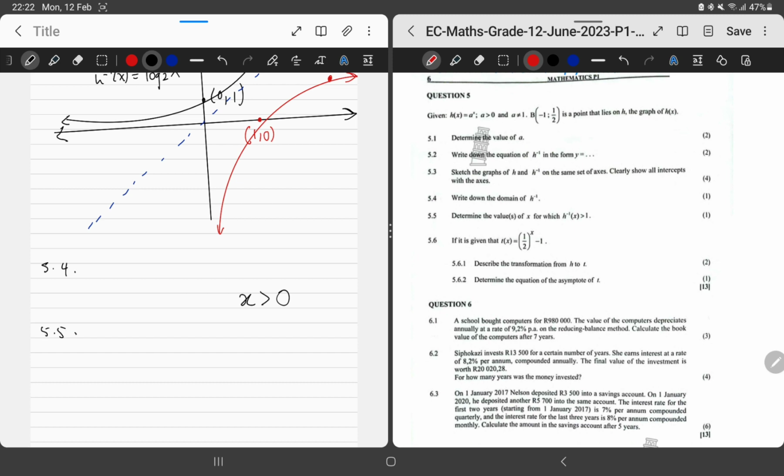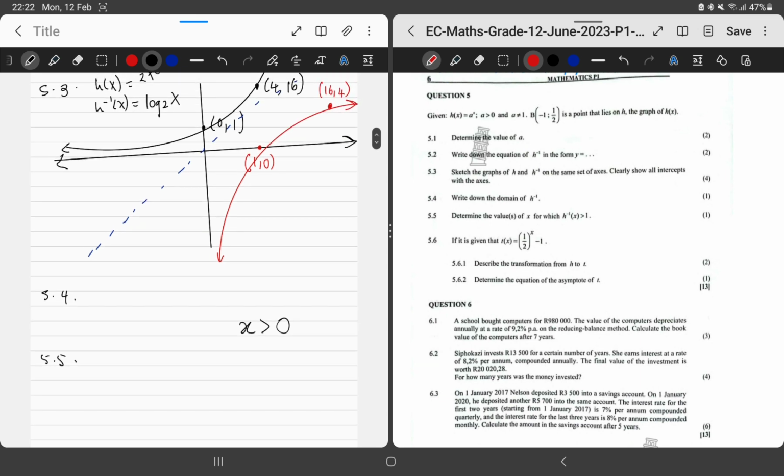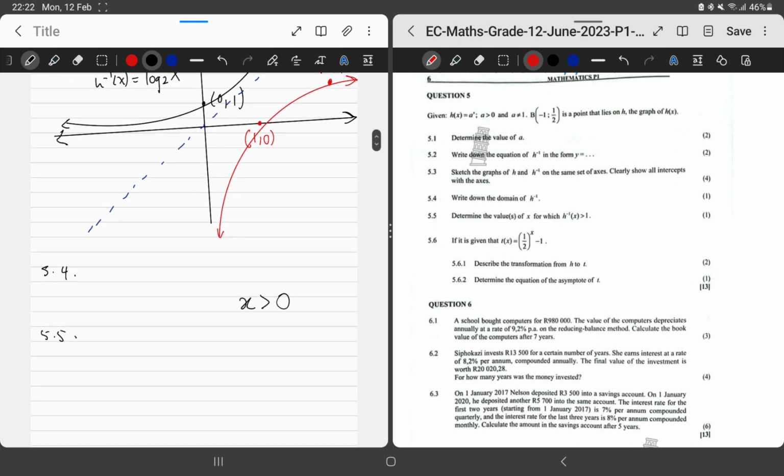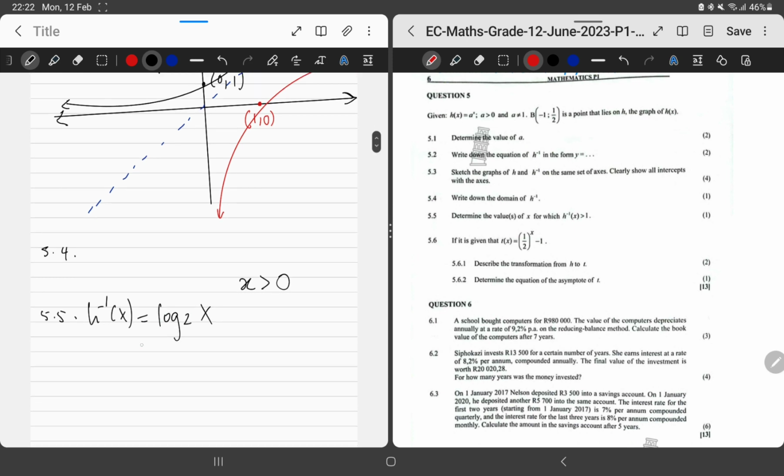5.5. And then they say determine the value or the values of x for which the inverse is greater than 1. We have the inverse, which is equal to log 2 of x.